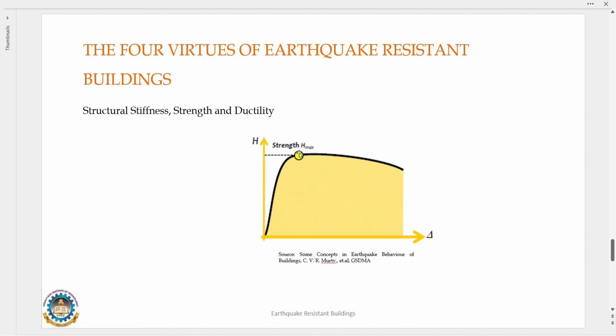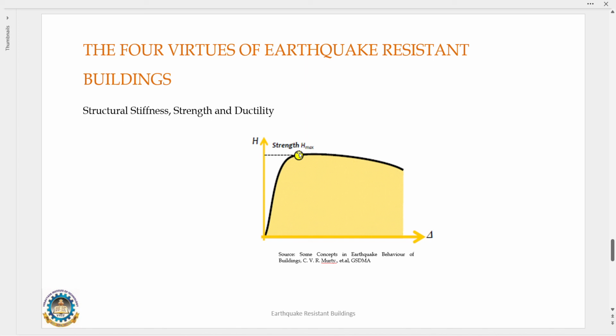So those are the four desirable virtues. The first one is good seismic configuration, that is, no choice of architectural form of the building that is detrimental to good earthquake performance and that does not introduce newer complexities in the building. The second is at least a minimum lateral stiffness in each of its planned directions, so that there is no discomfort to occupants of the building and no damage to contents in the building.